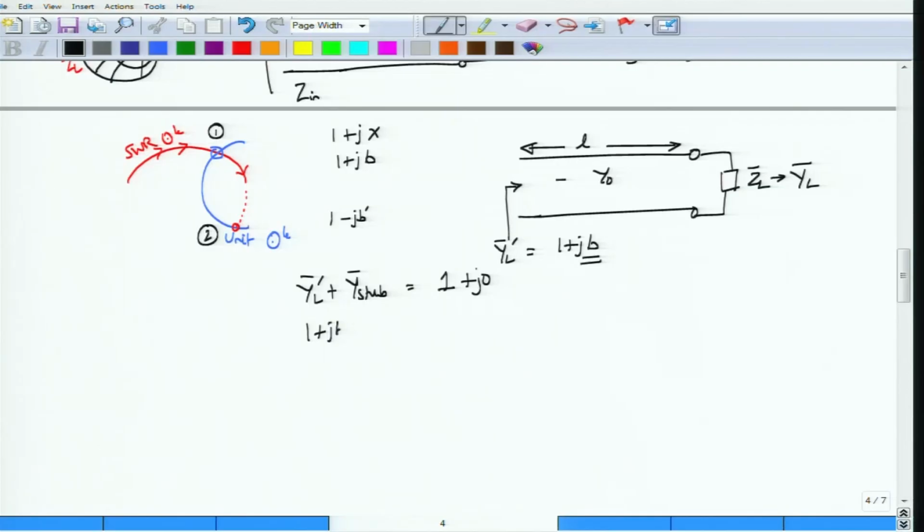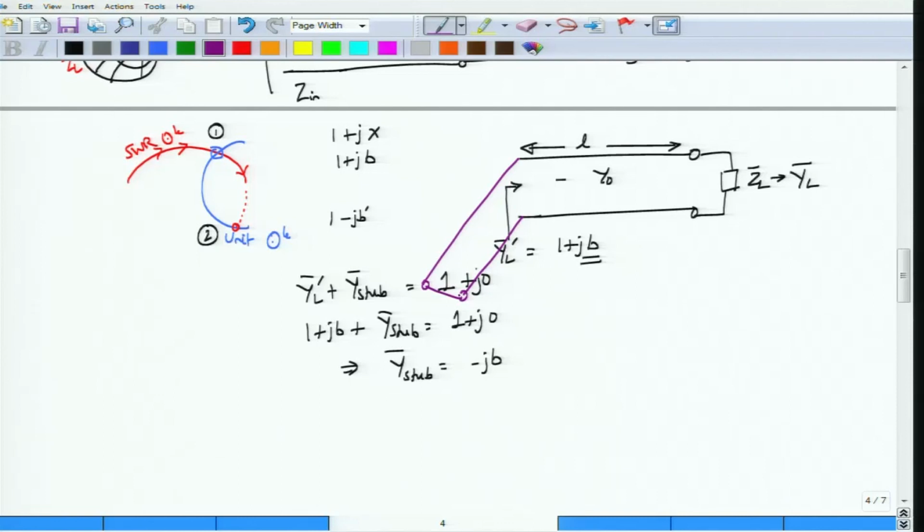So YL prime is 1 plus jB, plus the stub admittance equals 1 plus j0. This obviously implies that the stub admittance should be equal to minus jB. So when you choose that and put up the stub, you are ready to do the stub matching.